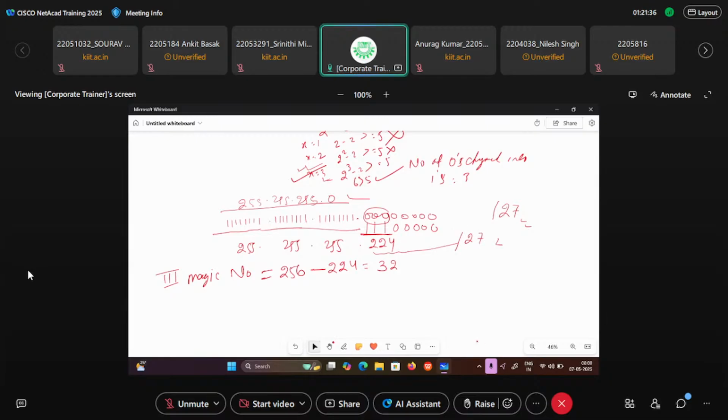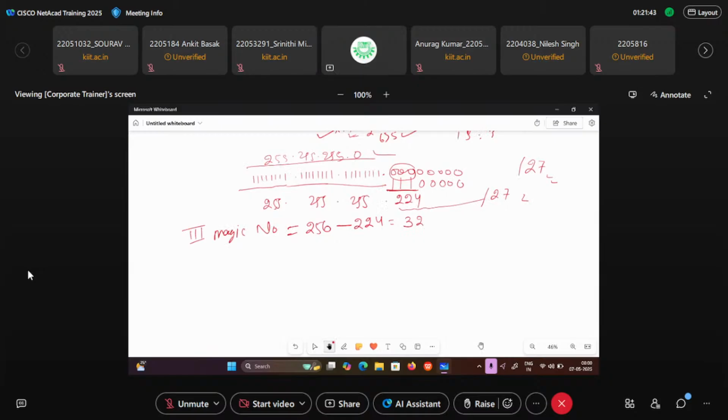Okay. Now in the third step, I have calculated the magic number. The magic number formula is very simple. The values in any octet range from 0 to 255, so the total size is 256. Out of 256, whatever value you got in the decimal on the octet where the change was made, you subtract that value from 256.